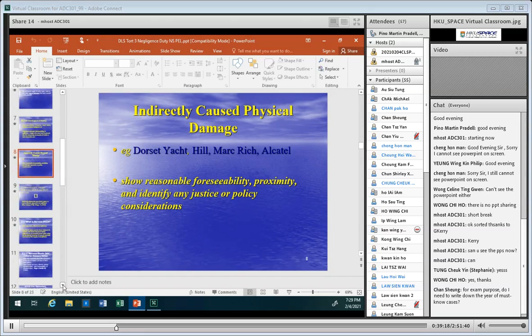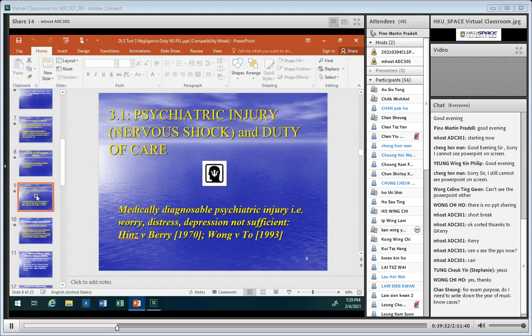Donoghue v Stevenson has opened up the floodgates. How far will we open them up? Perhaps we shouldn't open them up too far. So this is just the courts wrestling with how far we should go with regard to the duty of care. All right, now getting on to psychiatric injury or nervous shock. Remember we covered this last time.